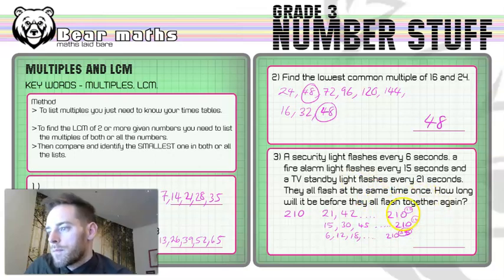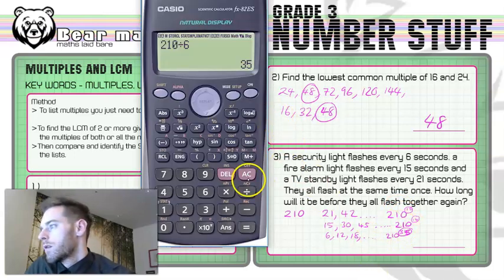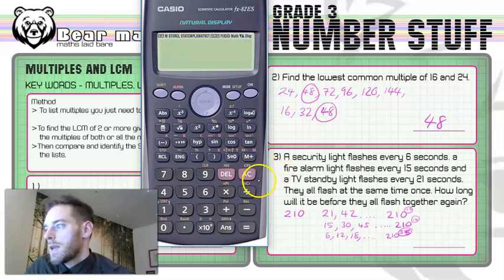So we have to add on this 210 seconds, because that's the amount of time before they all flash again. I've got a nice button on the calculator which will turn that into hours, minutes, and seconds.